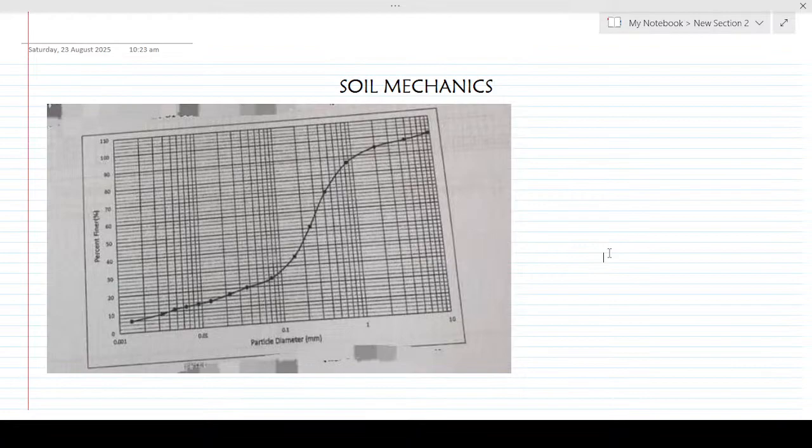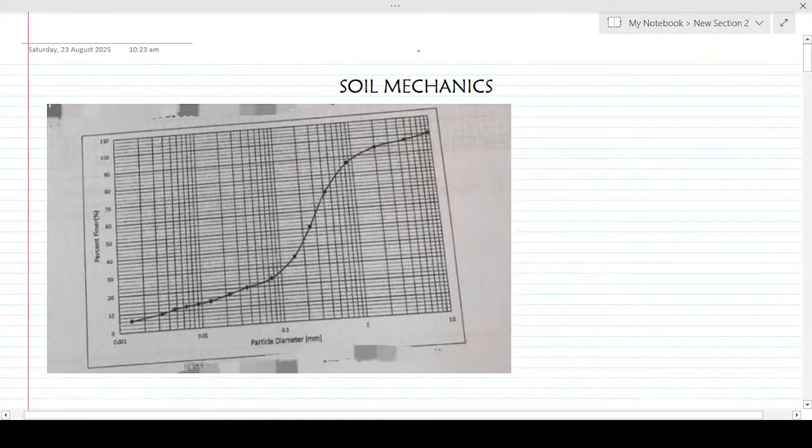So we are going to use this particle size distribution curve. Right, so let's continue.